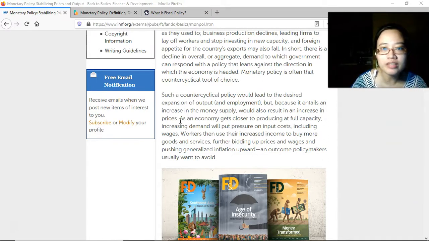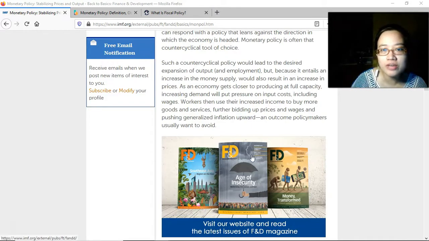Okay. As an economy gets closer to producing at full capacity, increasing demand will put pressure on input costs, including wages. Workers then use their increased income to buy more goods and services, further bidding up prices and wages and pushing generalized inflation upward, an outcome policymakers usually want to avoid.